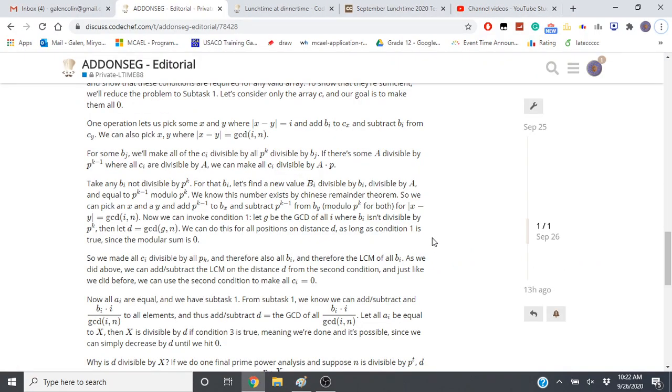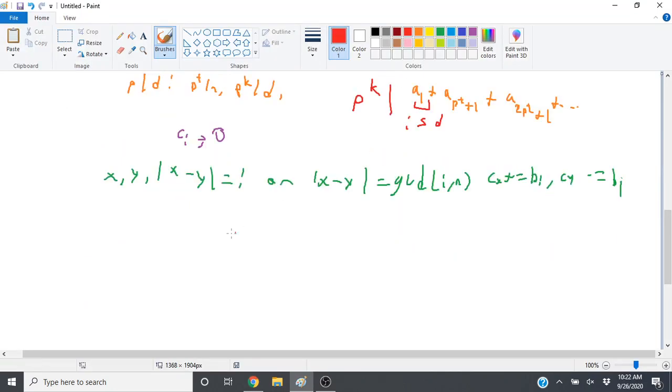Now what we basically want to do is make all Ci divisible by the LCM of all bi. So the LCM of bi divides all Ci, which is equivalent to saying the LCM of all bi divides the GCD of all Ci.